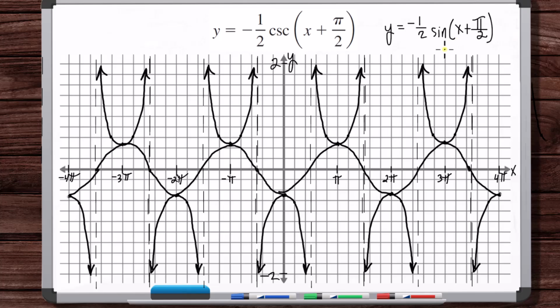And this has the same period, so we can see the period is 2 pi. It's been flipped, right? Look, it's starting at the negative amplitude, but this looks like a cosine, right? Well, that's because of the shift. If we shifted this back pi over 2, we're starting at a negative sine.